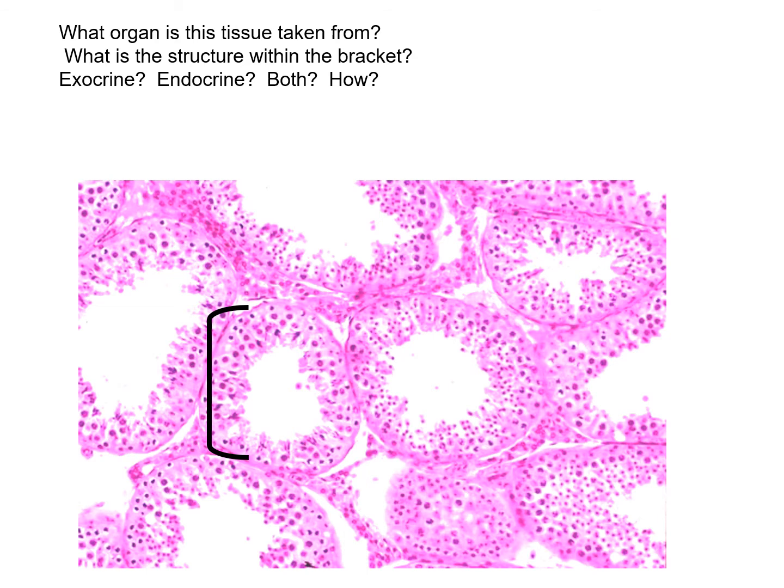Sperm? Semen, right? Ejaculate. And what are they releasing when they're performing an endocrine function? Testosterone or androgens. Testosterone primarily, but also estrogen as well. Okay.